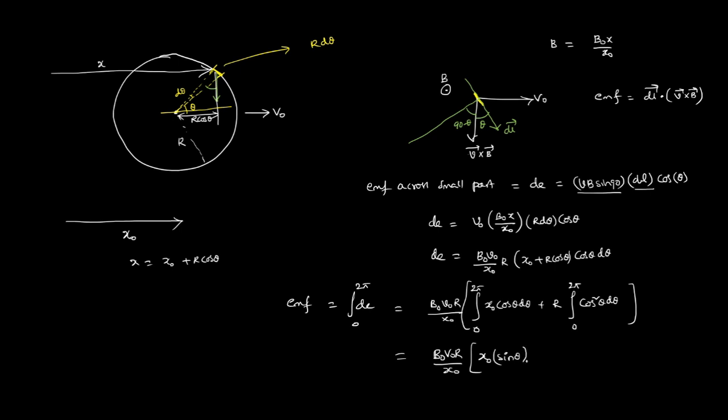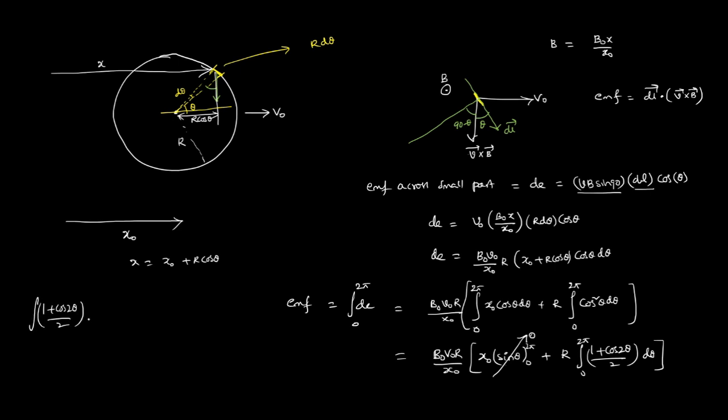will be sine theta from 0 to 2 pi, plus r into the integration of cos square theta. As we cannot perform this directly, we can change it to (1 plus cos 2 theta) by 2 d theta. Now sine 2 pi is 0, sine 0 also 0, so this term goes to 0. Then if I integrate this, I think by this time you know very well about integration.